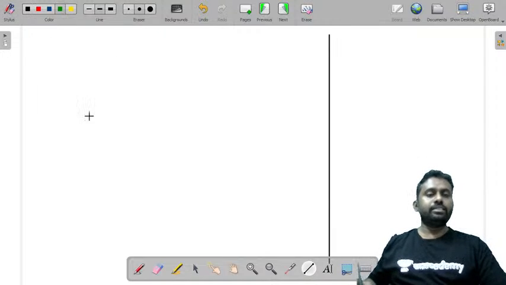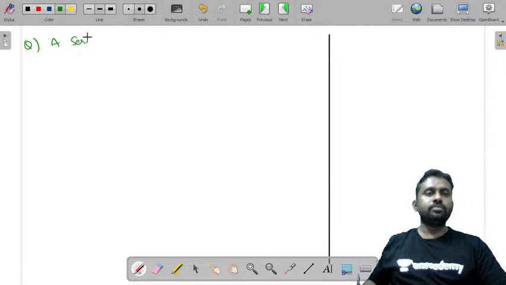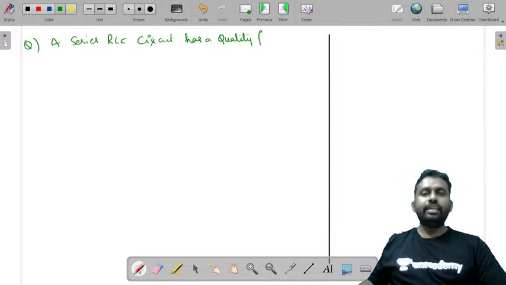The question is: a series RLC circuit has a quality factor of 5 at 50 radian per second.